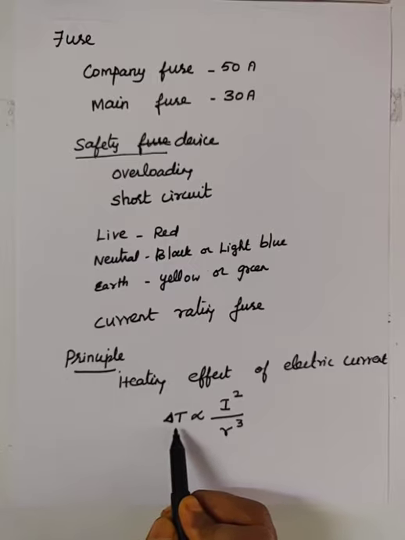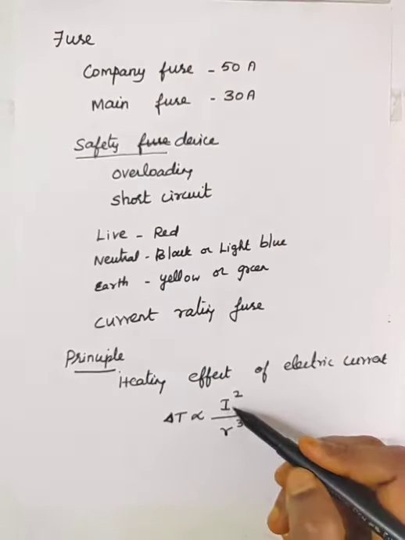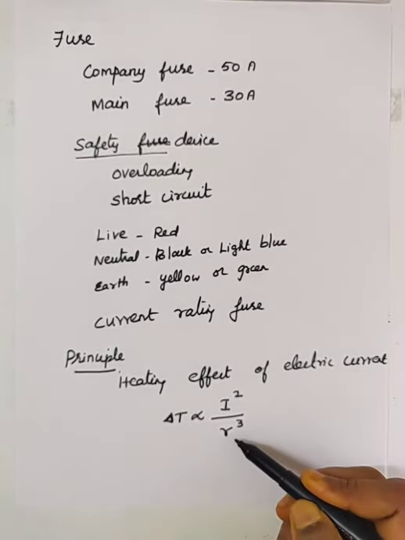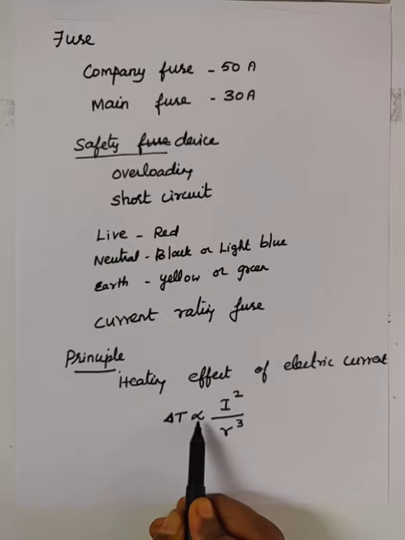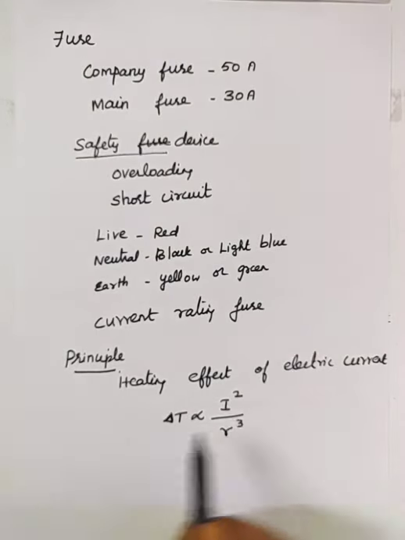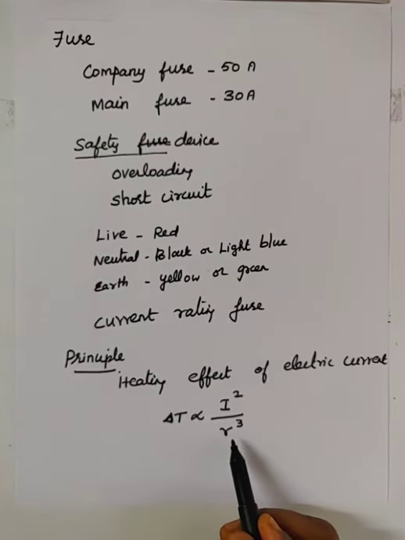The increase in temperature of the fuse wire depends on two factors. They are the current rating of the fuse and the radius of the fuse wire. The rise in temperature of the fuse is directly proportional to the square of the current rating of the fuse and inversely proportional to the radius of the fuse wire.